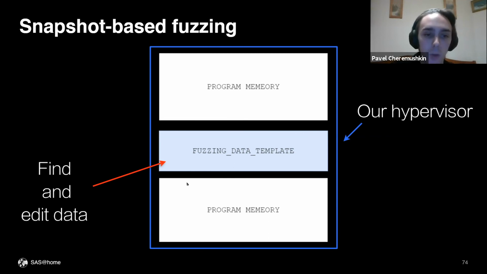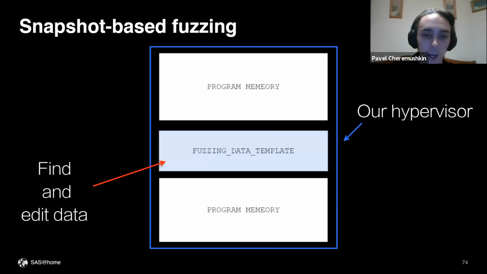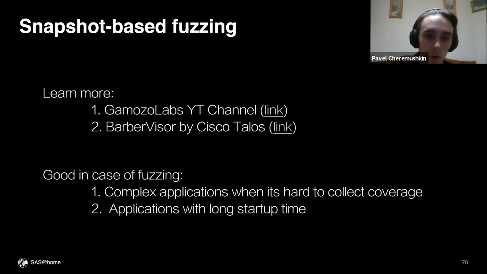You do it by finding and editing data in memory, and then you try to resume your program. So this is how the process of fuzzing works. Inside your hypervisor, you just swap your template data with your fuzzing data, and you continue running. So this approach is becoming more and more popular.